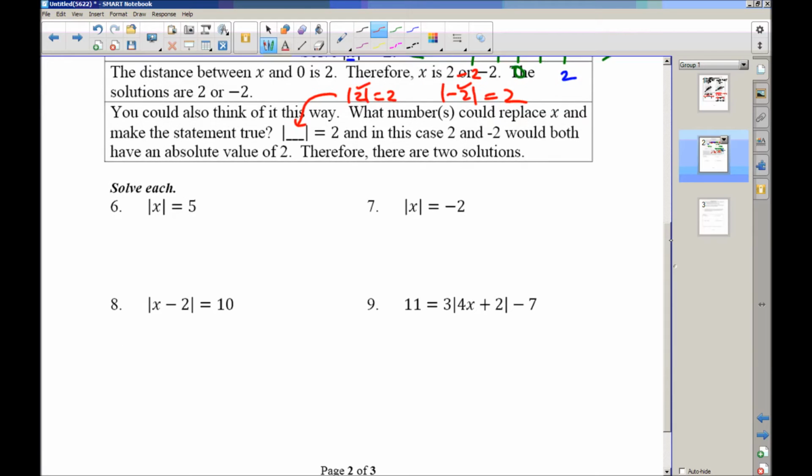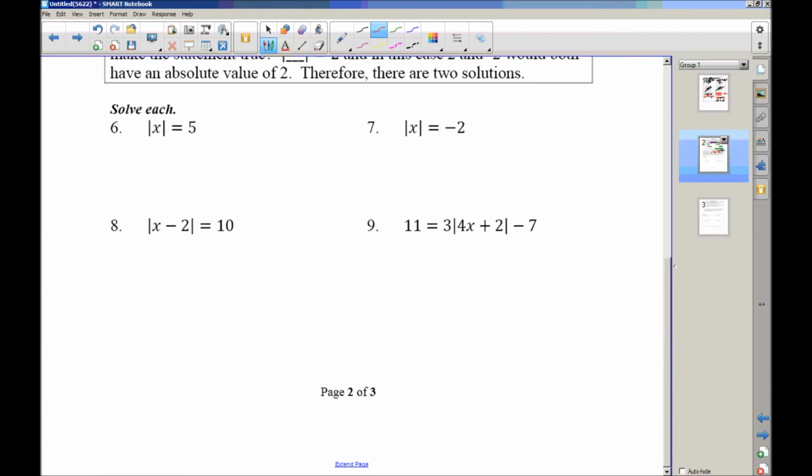What is the absolute value of x equals 5? How are we going to solve this? Well, I know what's in here should be 5 steps away from 0. So x in there could have been 5, because 5 is 5 steps away from 0. Or it could have been -5, because -5 is 5 steps away from 0.